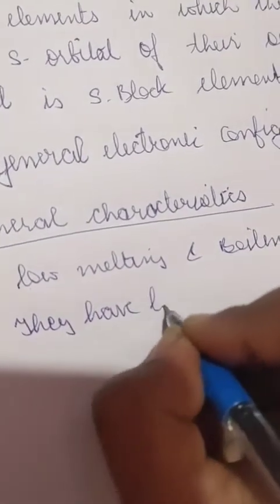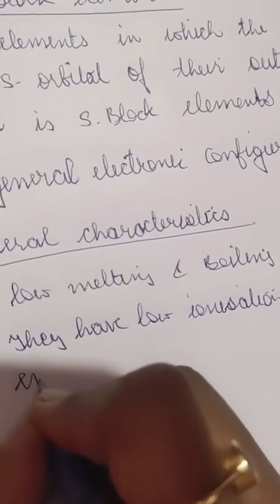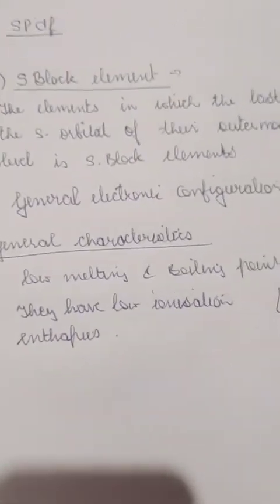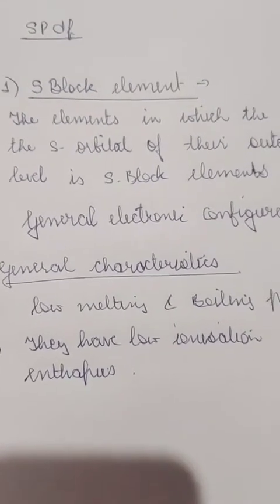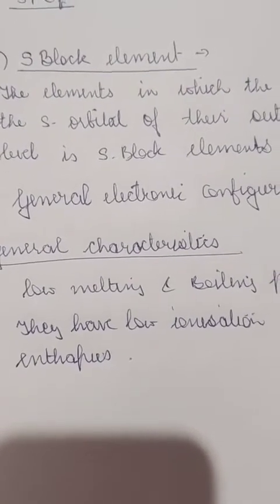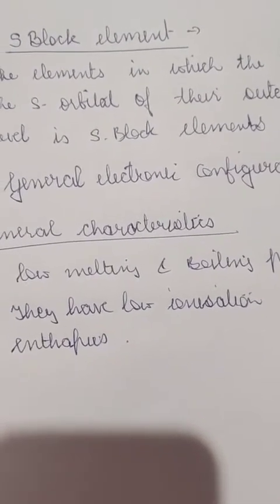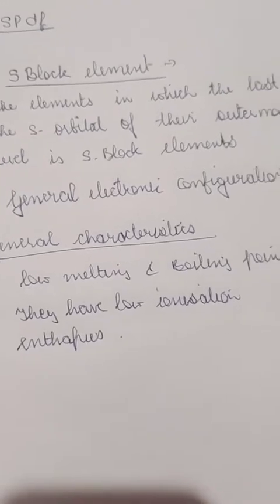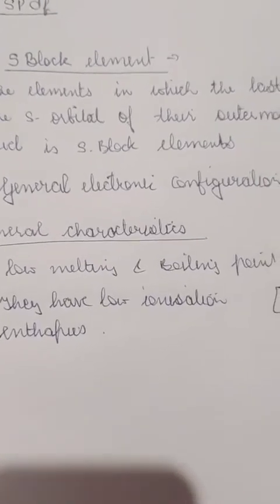So they have low ionization enthalpies. Okay, now that's very common, that they are very reactive, and they are ready to form ions, alkali metals and alkaline earth metals. They just lose their electrons, 1 or 2 electrons in their valence shell. So both group number 1 and group number 2 are very reactive, and they are so reactive that they react almost with everything, and that's why they are never found in their pure form in nature.